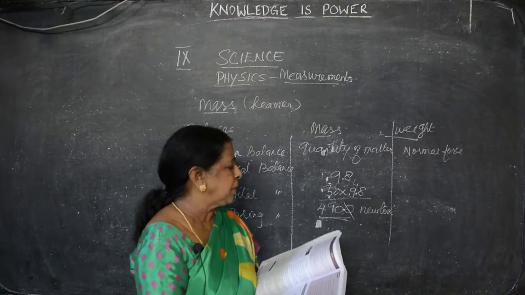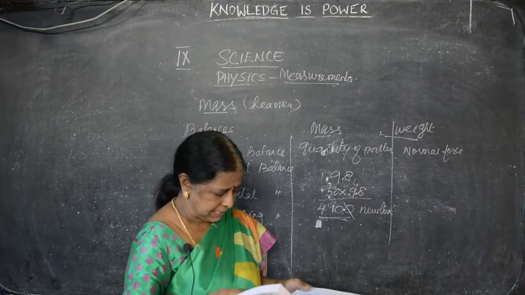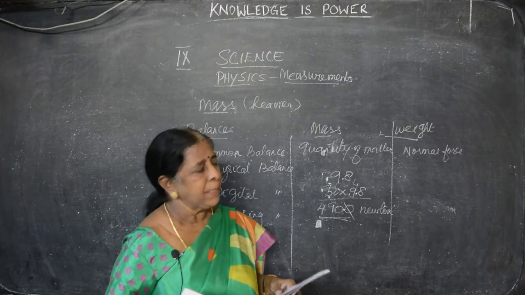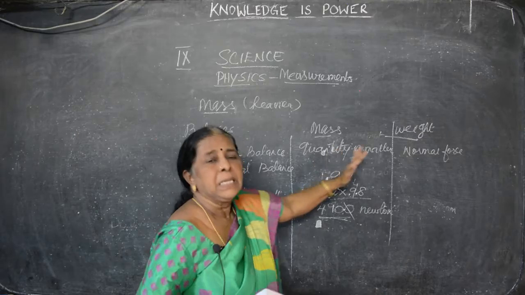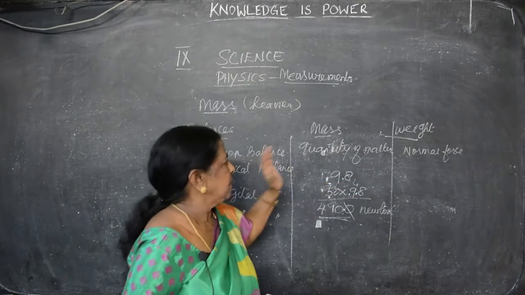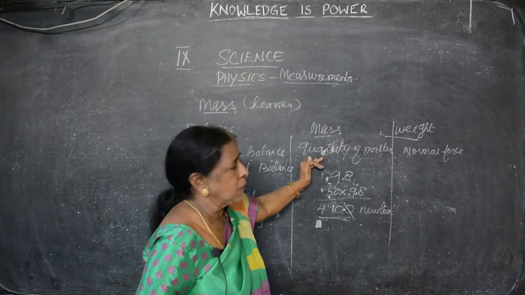So what are the differences between mass and weight? It is given very clearly on page number 10. Mass is the fundamental quantity. Weight is the derived quantity. First, mass is, as I said, a fundamental quantity.